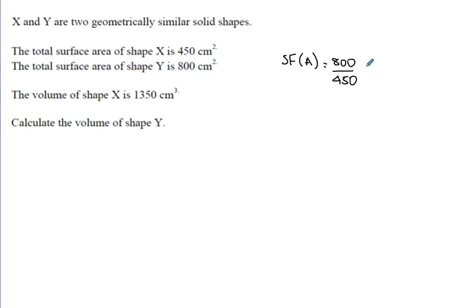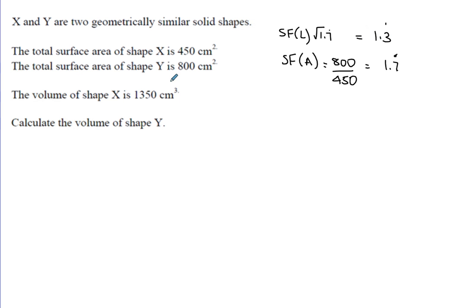And this must be a calculator question because I've just got 1.7 recurring. So your scale factor of your length will be the square root of the 1.7 recurring, which works out to be 1.3 recurring.